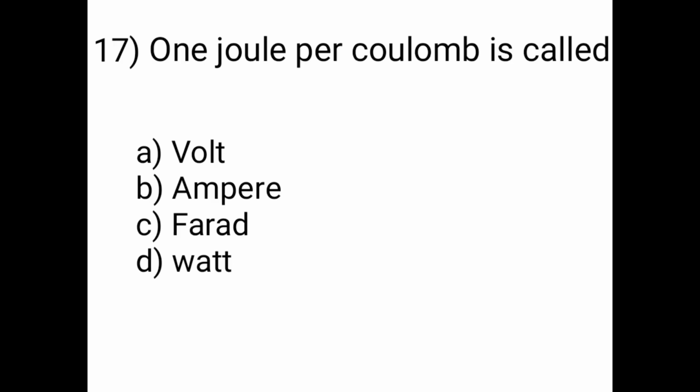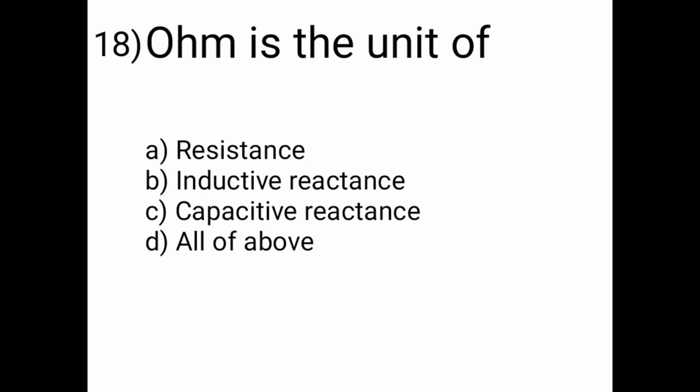Then next question is, 1 joule per coulomb is called as. Options are A is volt, B is ampere, C is Faraday and D is watt. So the correct answer is option A, that is volt. 1 joule per coulomb is called volt. Then next question is, ohm is the unit of.